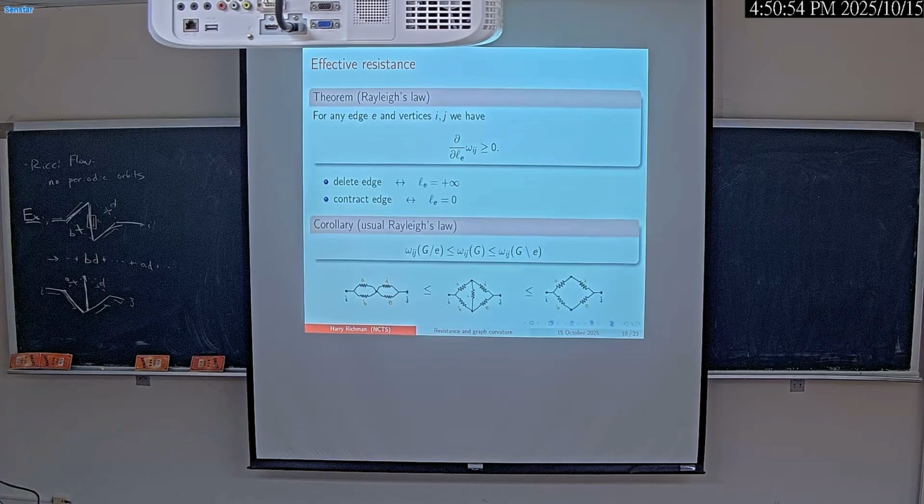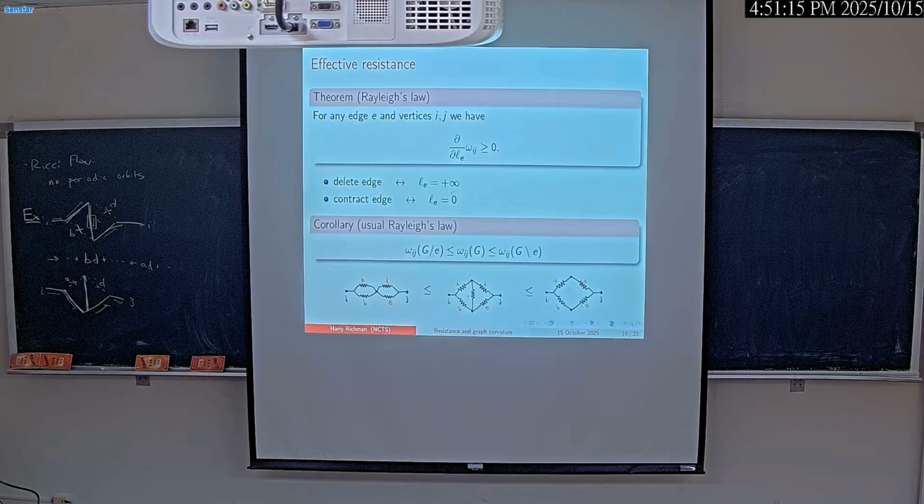Okay, so another special case of Rayleigh's law is that we can use this to say what happens for deleting edges and contracting edges. So if we look at edge C, and this is our original network, when we delete the edge, it's like just taking out that resistor from the network. So we get this network as a result.